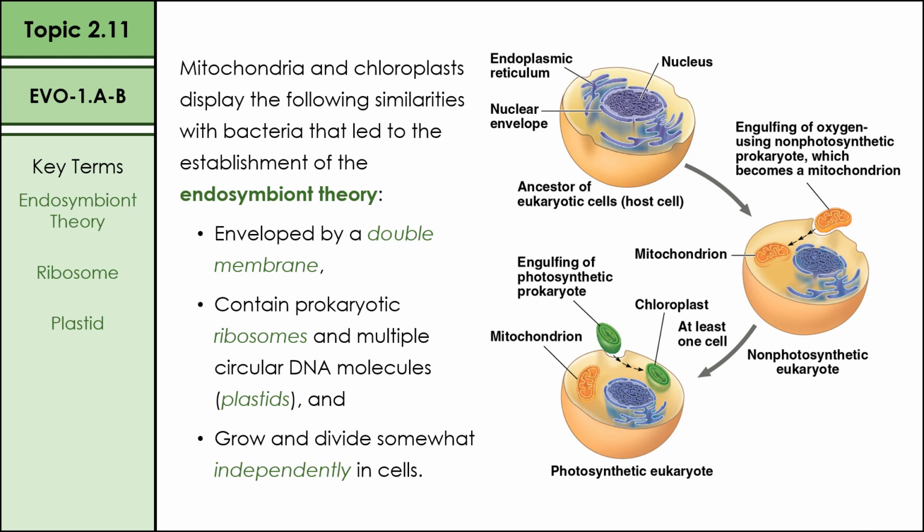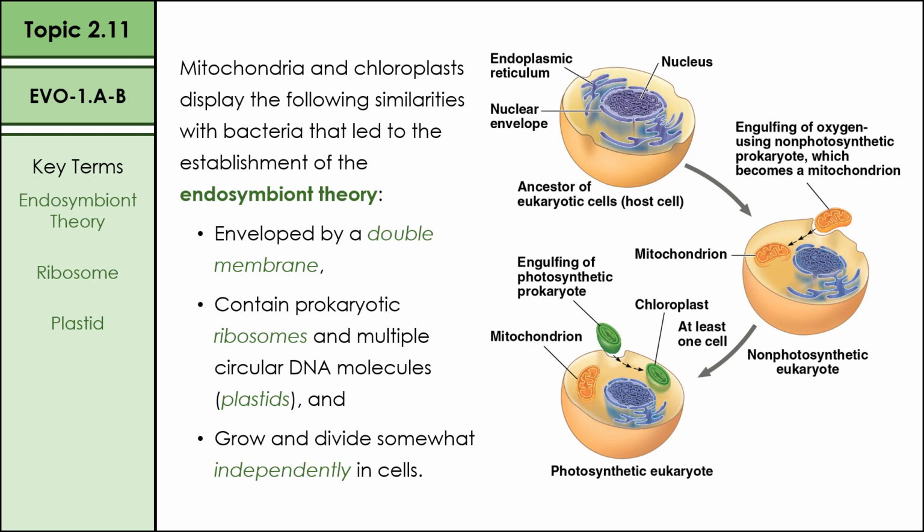I've been laying breadcrumbs throughout this entire piece, looking at all of the things that allow us to suggest or infer that mitochondria and chloroplasts were once their own free-living organisms. This is what we call the endosymbiont theory.